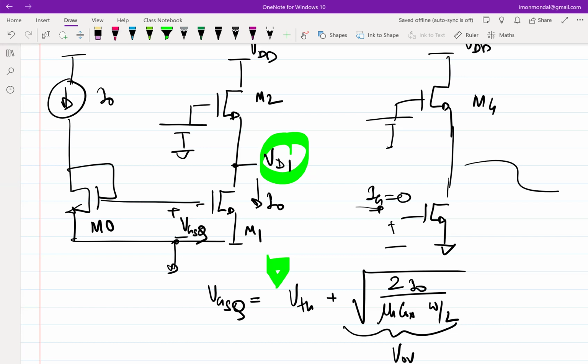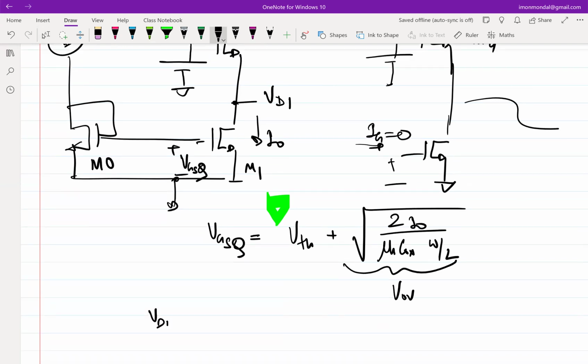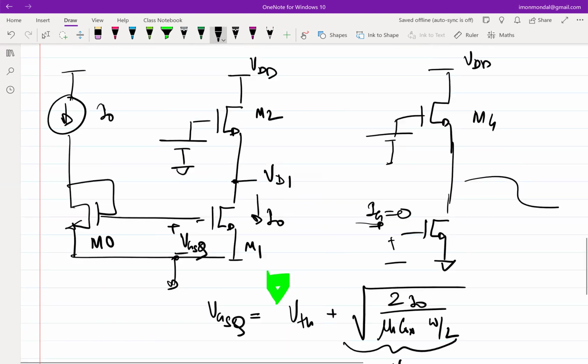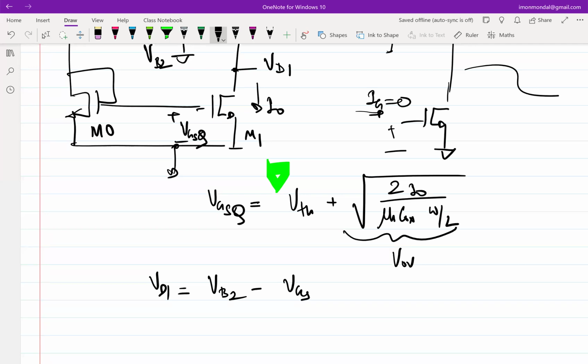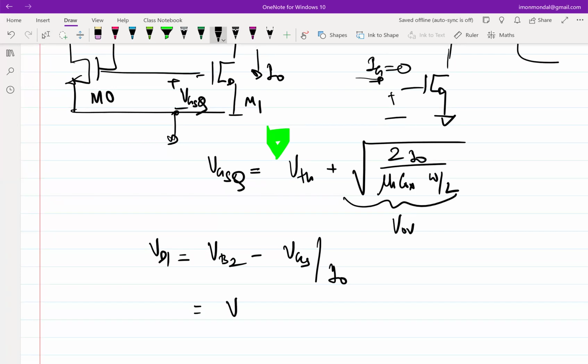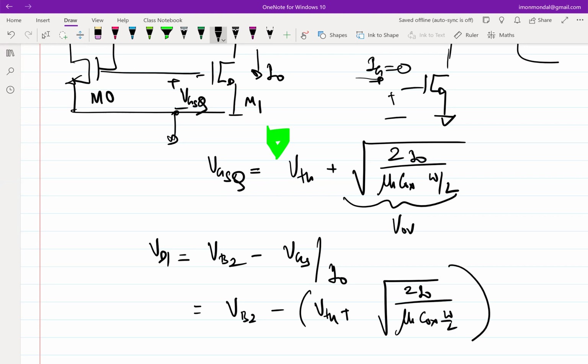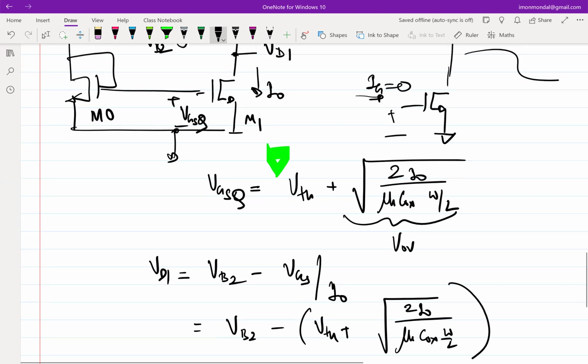So which means that I can write VD1 in this case as VB2 minus VGS for a current of I0, which is VB2 minus threshold voltage plus the square root of 2I0 by mu n Cox W over L. Okay, so now we have some handle.